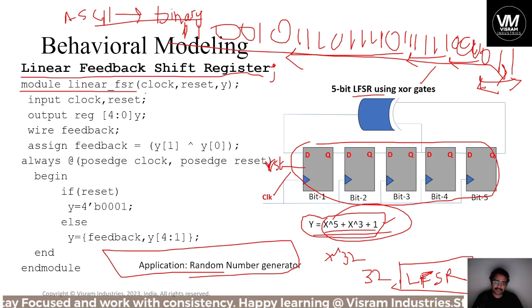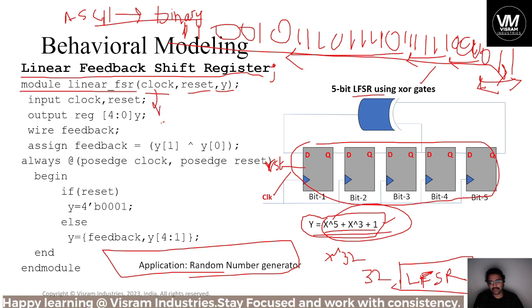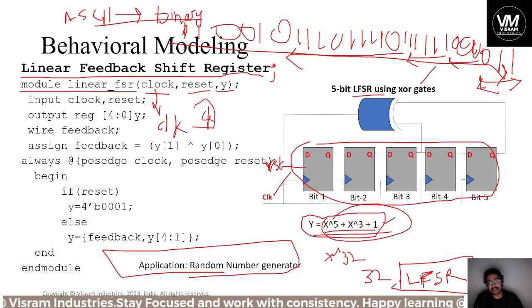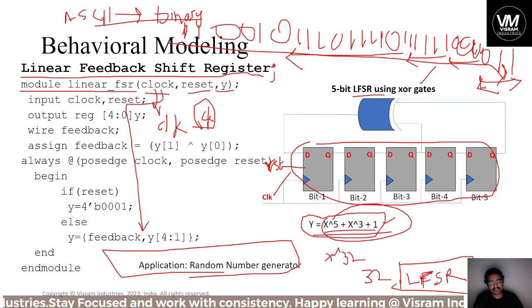It's a common term, clock and reset. And one more thing I want to add: when you are writing Verilog HDL or VHDL with the inputs and outputs, you might declare them with your own names. Like I have written clock here with the full name, you can write CLK, or if you are comfortable you can write CK as well, but whatever you mention here in the input, use it throughout the Verilog HDL code.